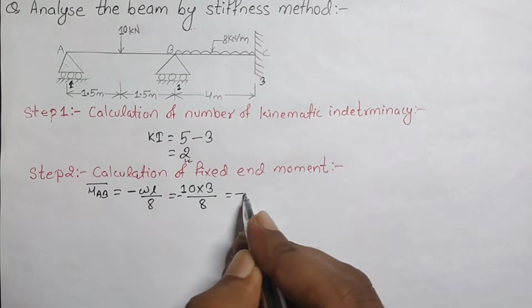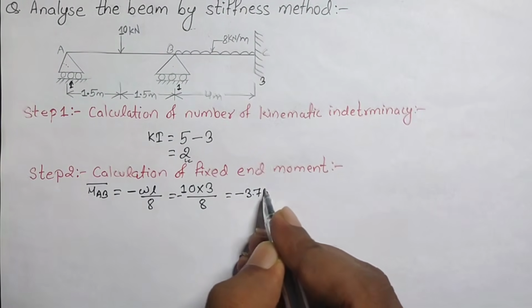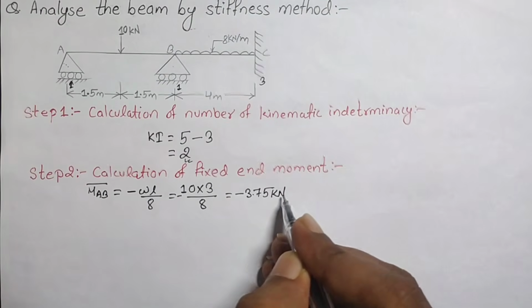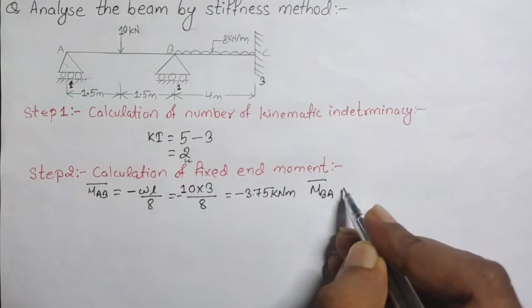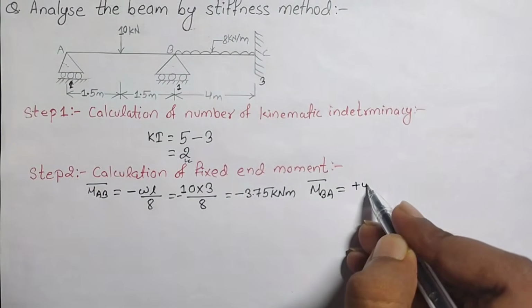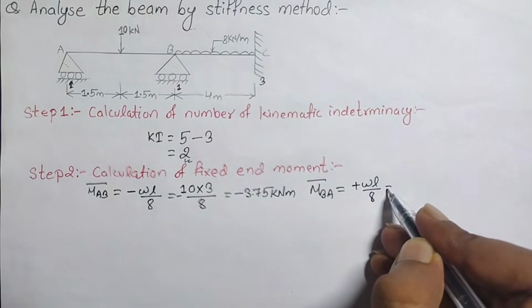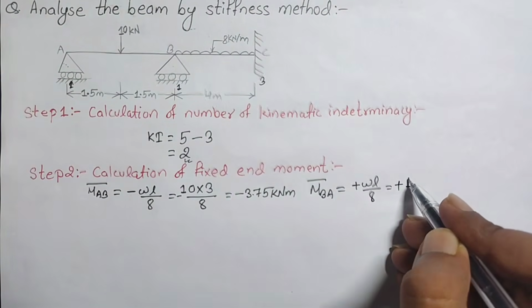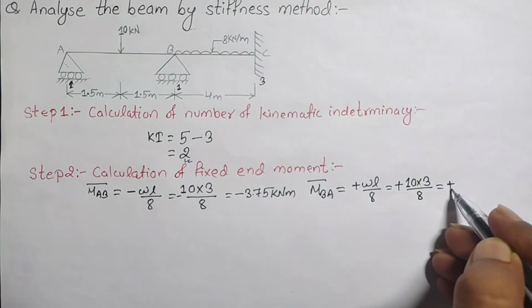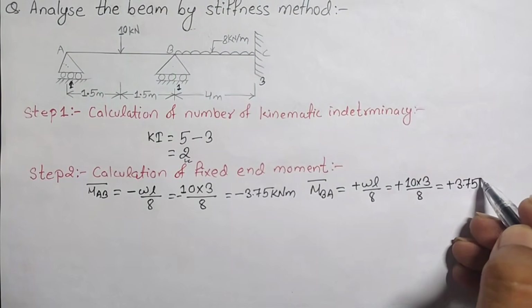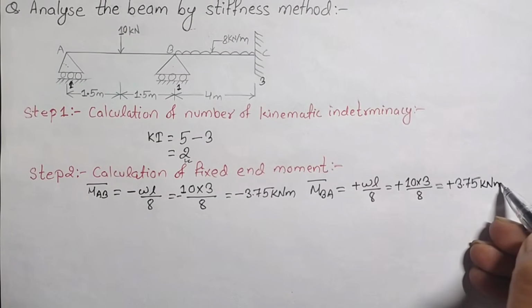So this is minus 3.75 kilonewton meter. Similarly, MBA equals plus WL by 8 equals plus 10 into 3 by 8, which equals plus 3.75 kilonewton meter.